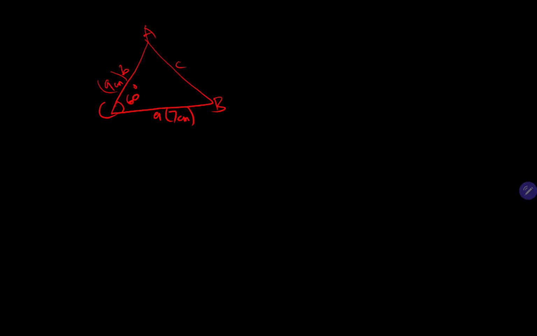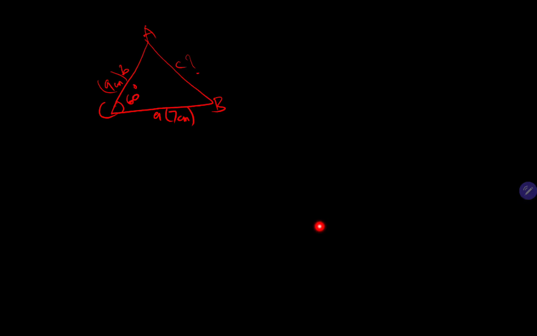So what rule do we use? What have we been asked to find here? The missing side, right? We have been asked to find the missing side c, this is what we are looking for.